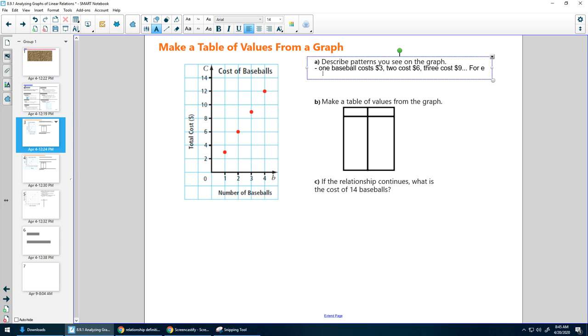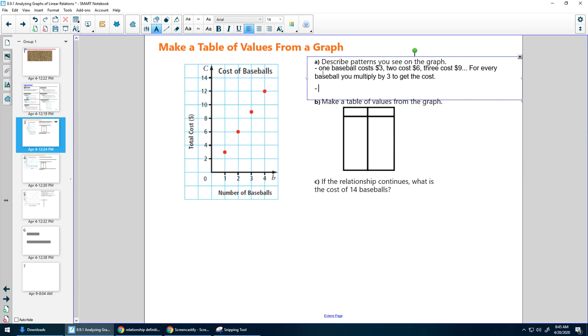So for every baseball you multiply by 3 to get the cost. So that's one example.